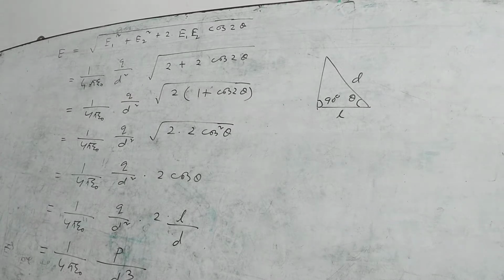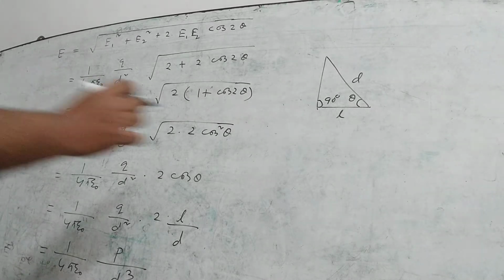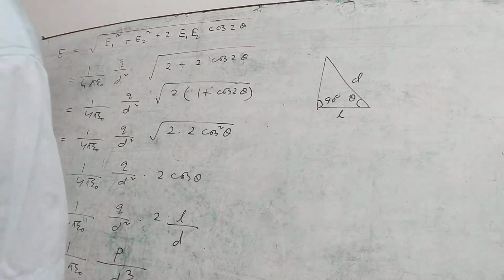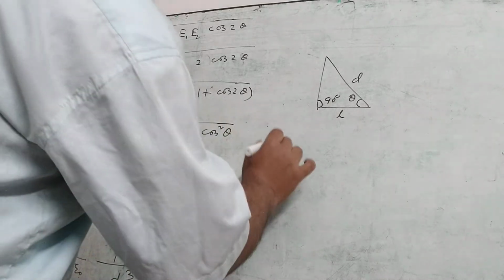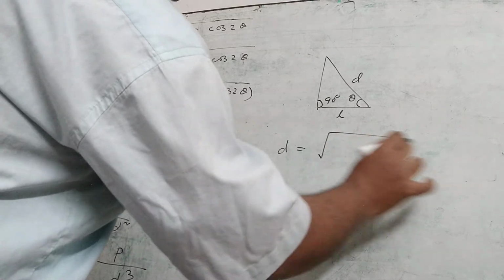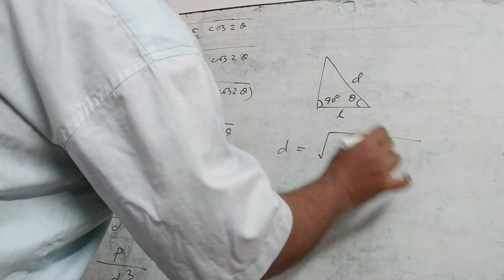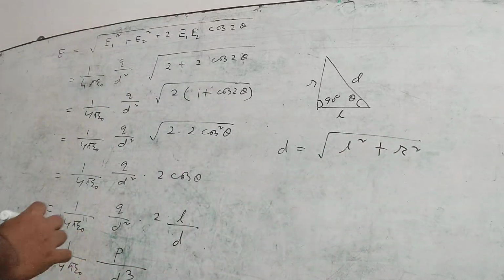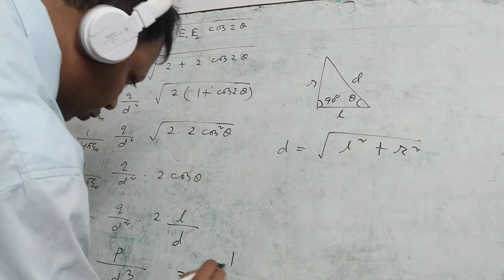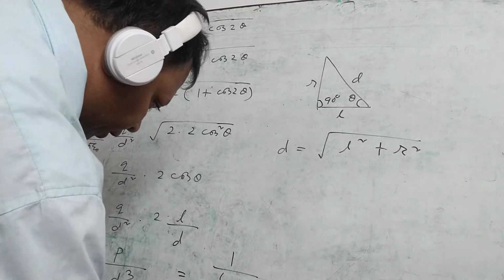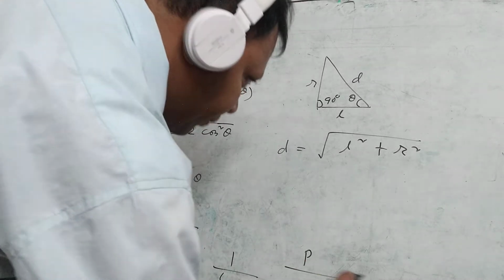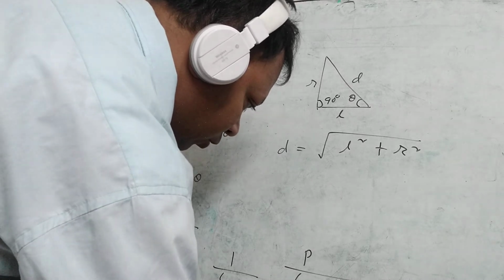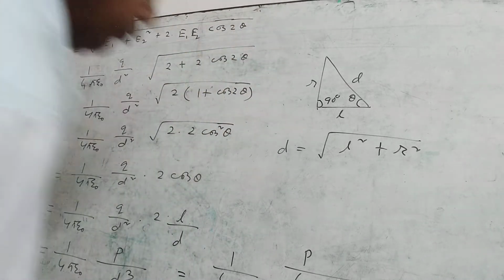Okay, and we also know that d is equal to under root of L² + R². So this is equal to 1/(4πε0) p/(L² + R²)^(3/2).